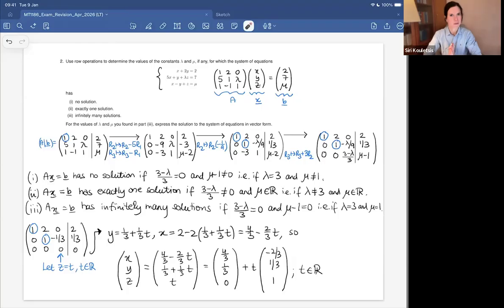From what I remember, I don't think we covered it in the course, but for a 3x3 system that could have been another possibility. As long as there's a free parameter, then there are infinitely many solutions. It doesn't have to be only one free parameter; it could have been two. In this case it's impossible, since we have two leading ones and only one free parameter.